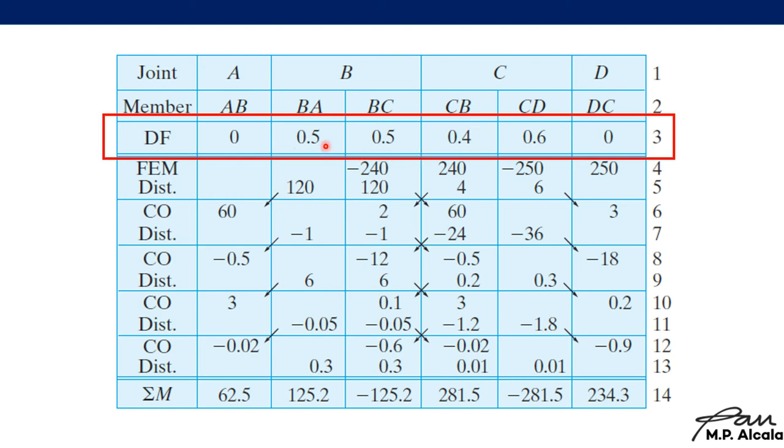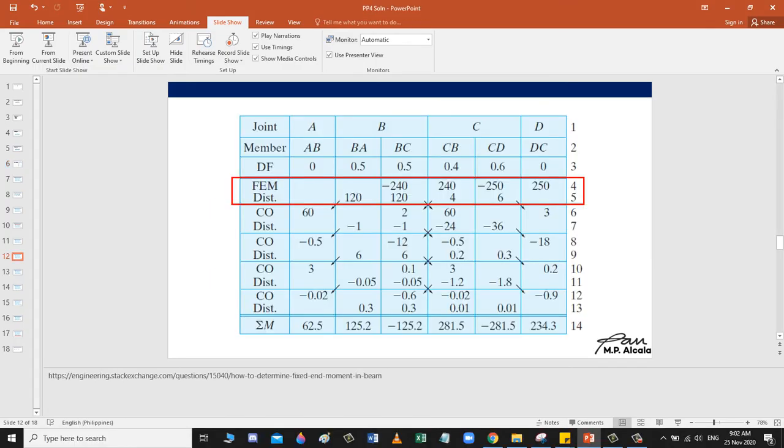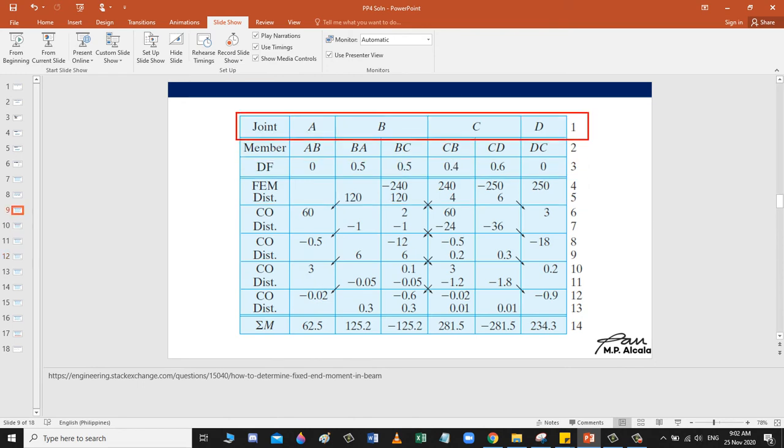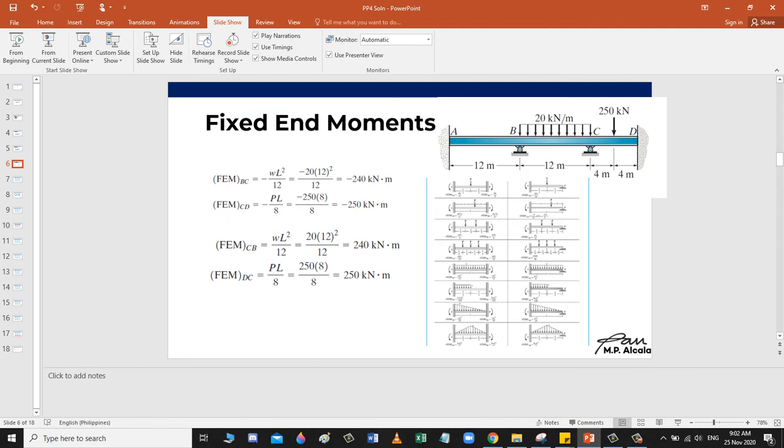It always should be equal to 1. Okay? Now let's proceed to row 4 and row 5. Where did this come from? Okay? Row 4 came from your fixed end moment. So what we have solved earlier from this slide, from this slide, we have identified the fixed end moments for each segment.